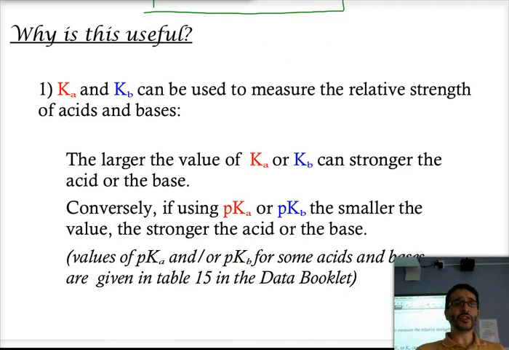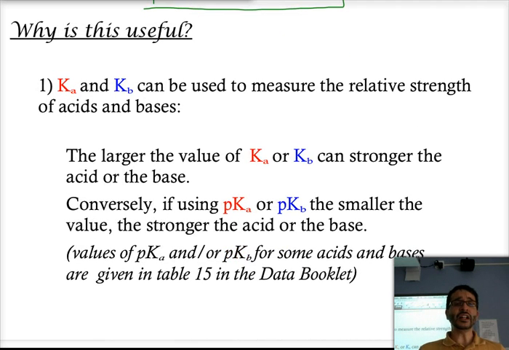Well, the value of Ka and Kb tells you the relative strengths of the acid or the base. The larger the value of Ka or Kb, it means that the reaction is proceeding more in the forward direction. That, in turn, is going to be important, because if it proceeds more in the forward direction, it means that it's going to be a stronger acid or a stronger base.